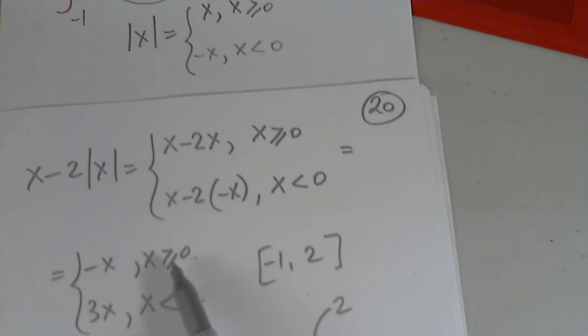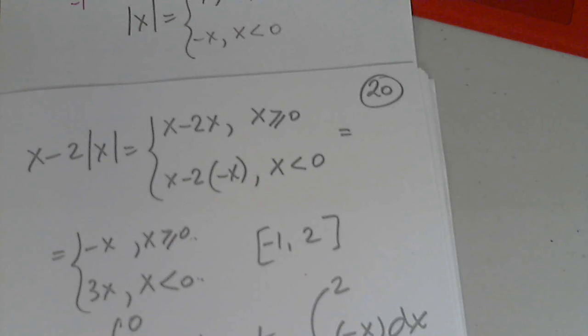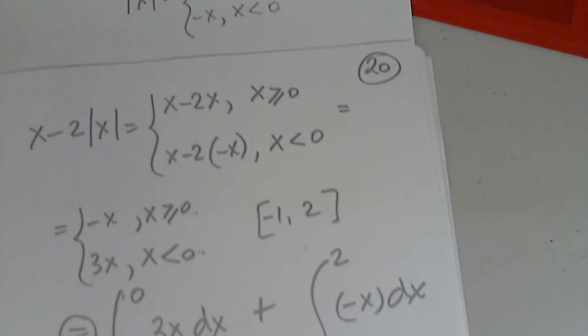And then from 0 to 2 is from negative x, of course dx. Do we understand so far what just happened? Any questions, anyone? Any questions here?